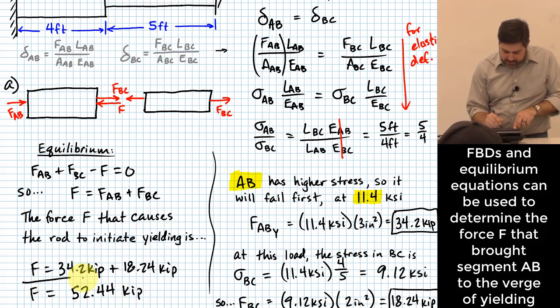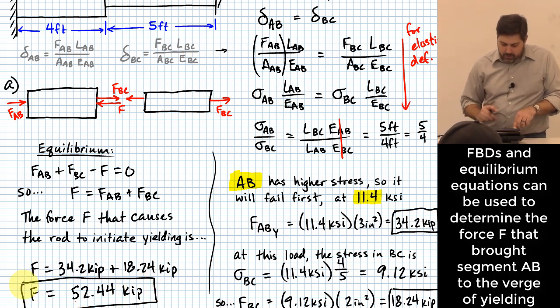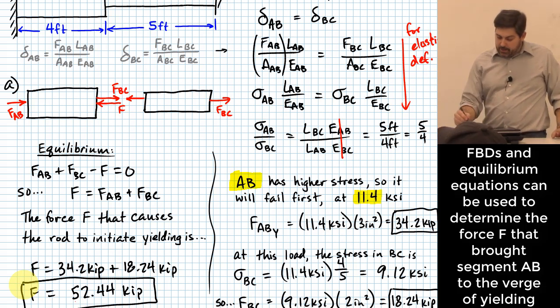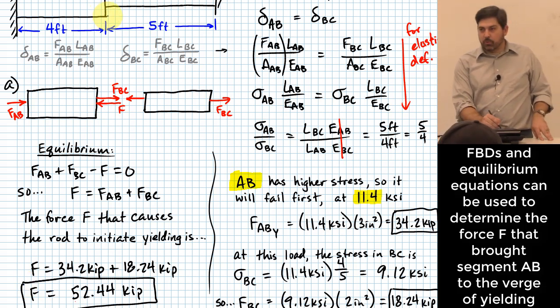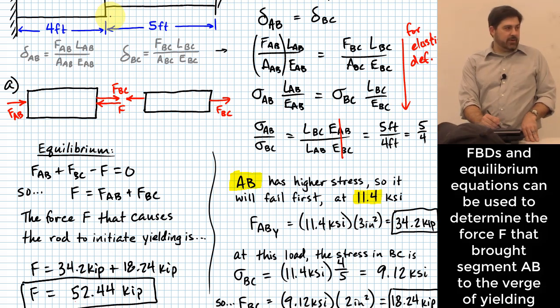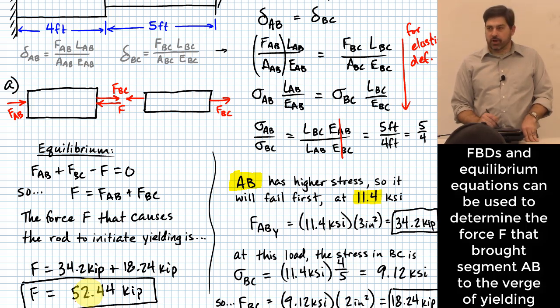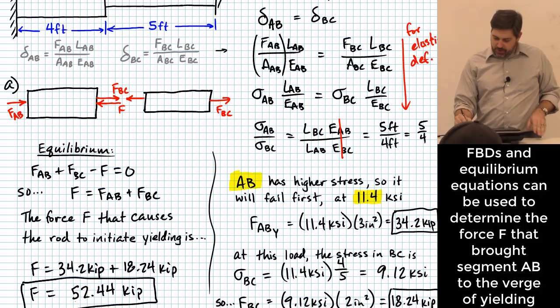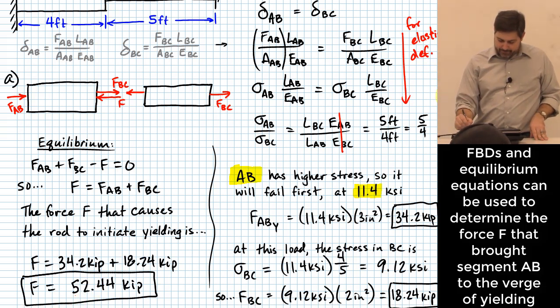If I wanted to say this in a simpler way, I can apply up to 52.44 kips, the way that I have my rod shown in my picture, before I cause anything to begin to yield. All right, this is my upper limit on how much force I can apply before I start to cause yielding. And that was what we were supposed to find in part A.